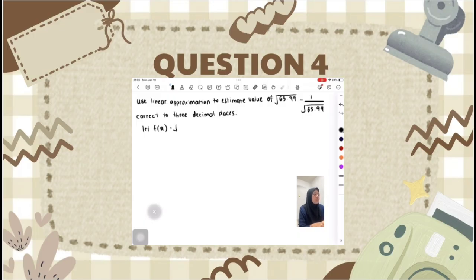So the function will become f(x) equals square root of x minus 1 over square root of x. Next, since x is equal to 63.99, I will choose 64 as x naught, the approximation point, because it is closer to 63.99.